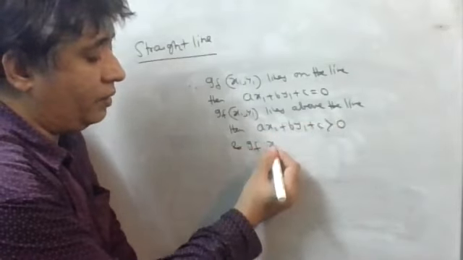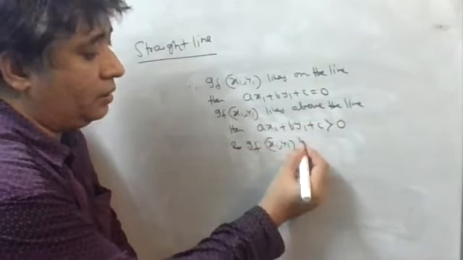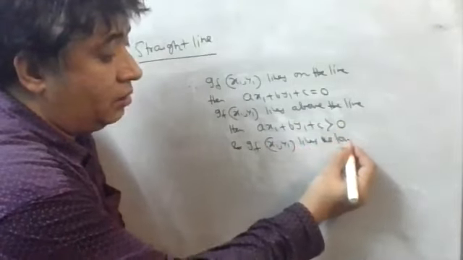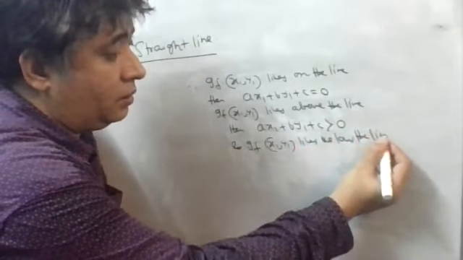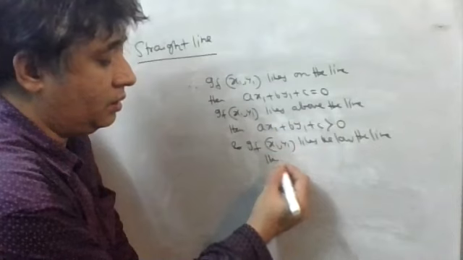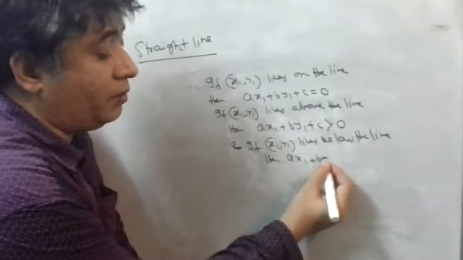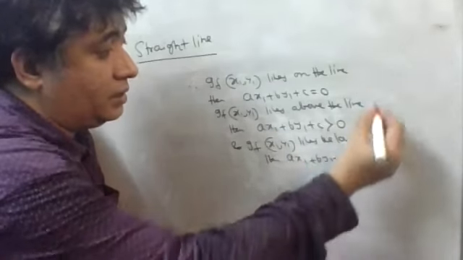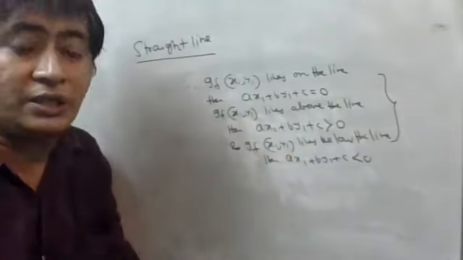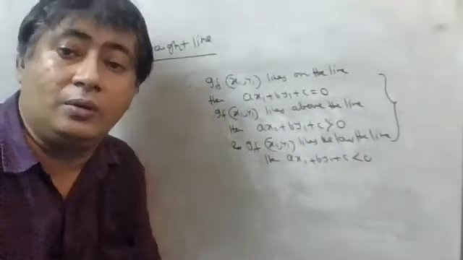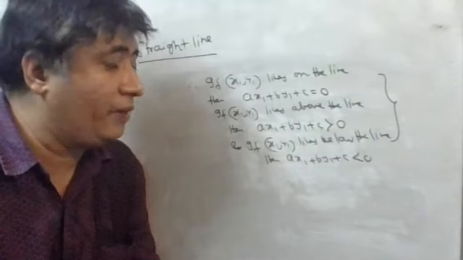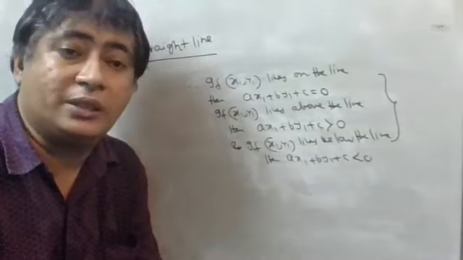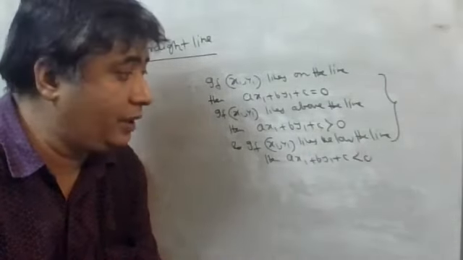And if x1 y1 lies below the line, then x1 plus by1 plus c less than 0. So these three conditions will play an important role in finding the position of a point with respect to a line. Okay.